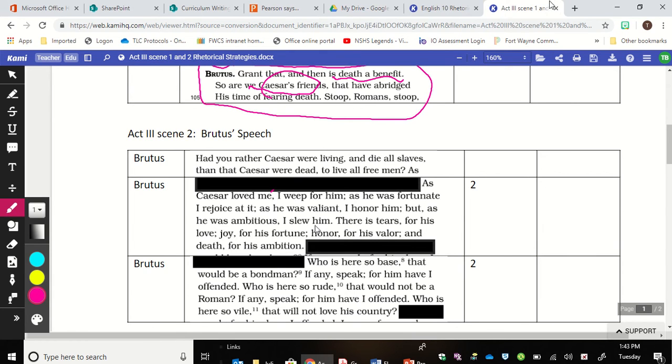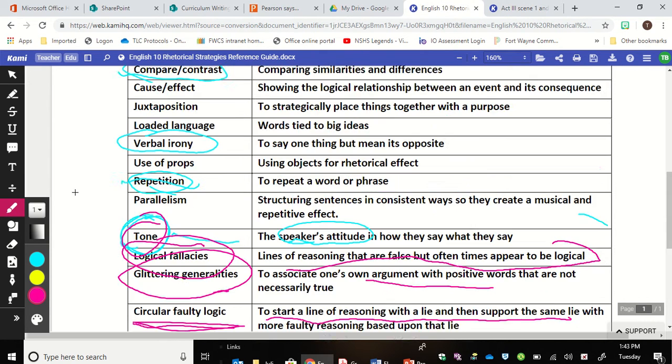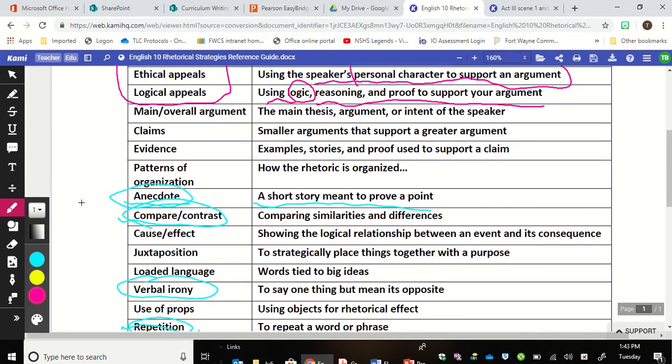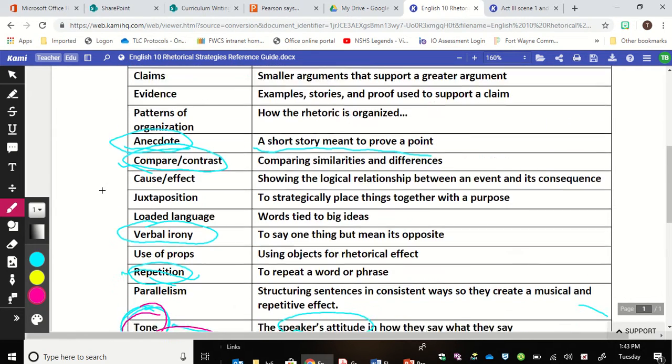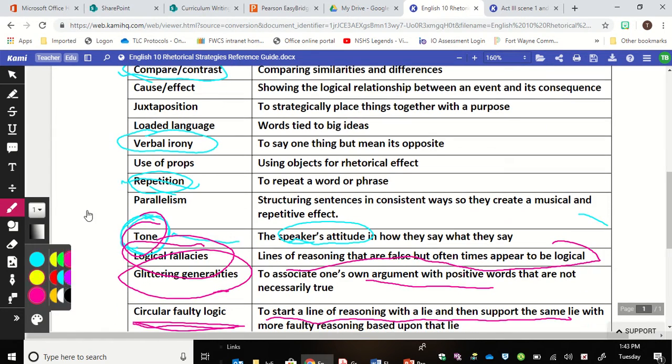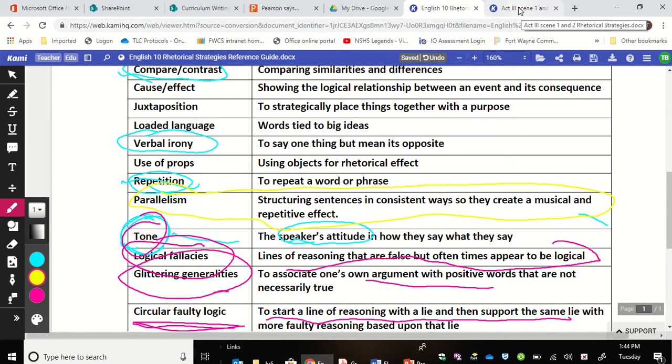Brutus's speech had some really cool rhetorical things in it, known as parallel structure, and I'm going to have to find it on the list here. So parallel structure right here, and I'm going to pick a different color, yellow. Parallel structure means to structure sentences in a consistent way that almost has a rhythm or a musical quality to it, and it makes somebody sound really smart, and it also is a good way to organize your thoughts.